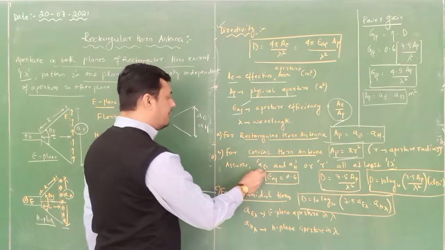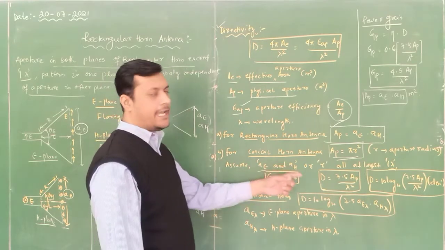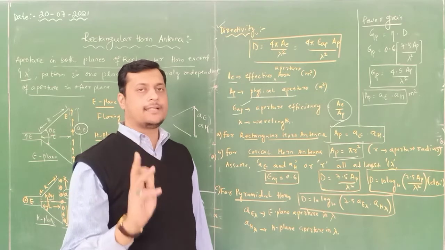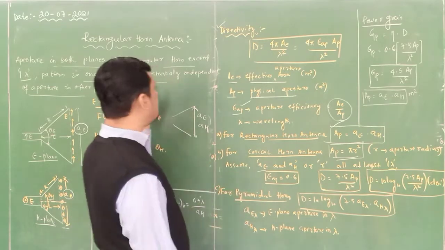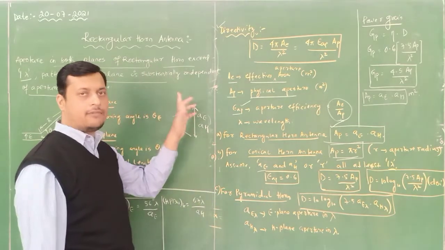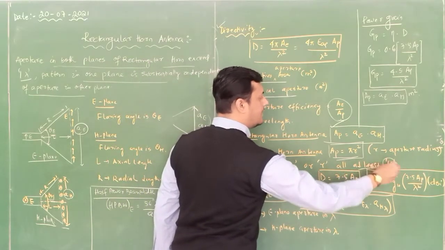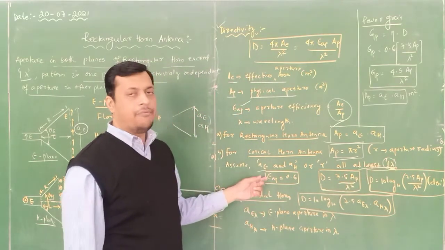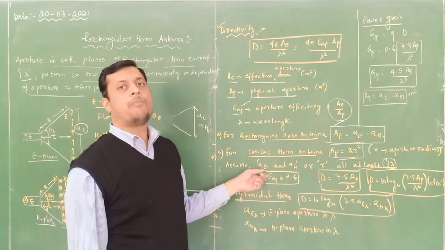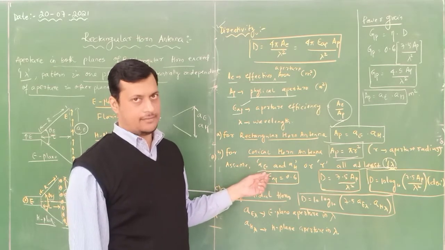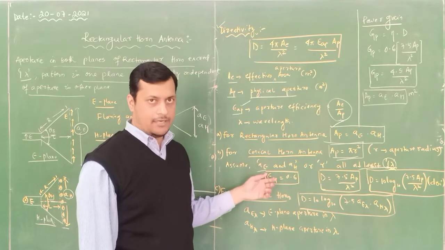Similarly, we assume that AE, AH and r do not go below 1 lambda, as it was defined; it must not be less than 1 lambda. If the least value is 1 lambda, then my efficiency will become 0.6, not more than that. Okay, this is the standard value.